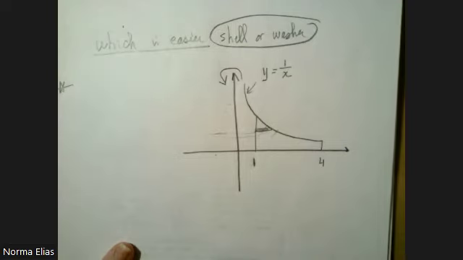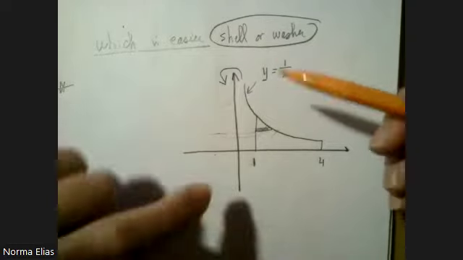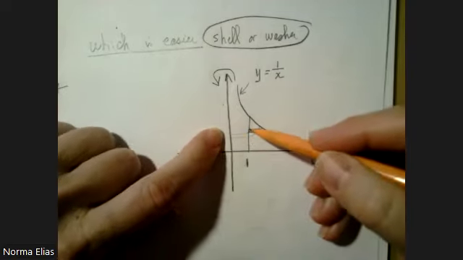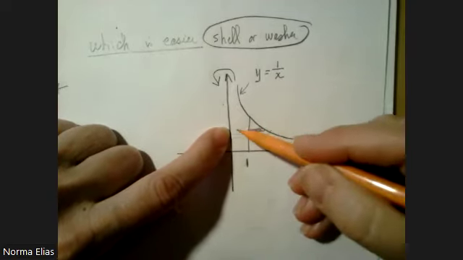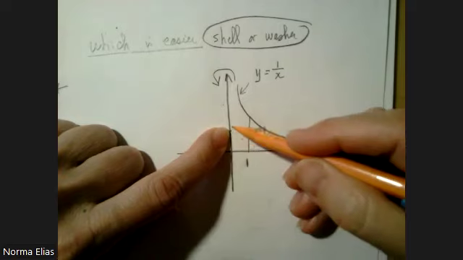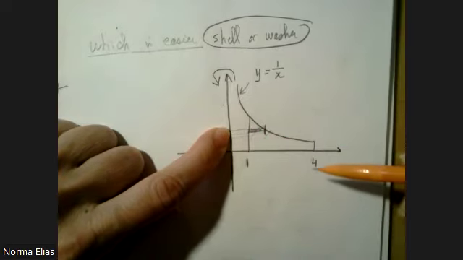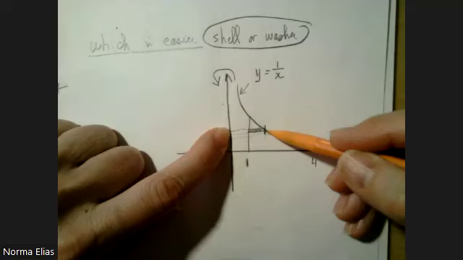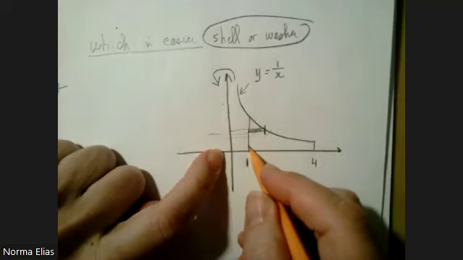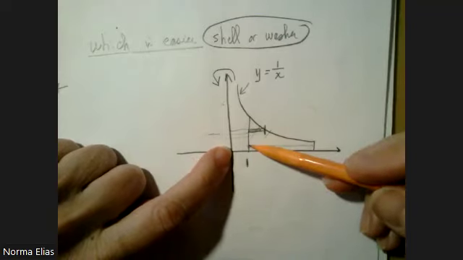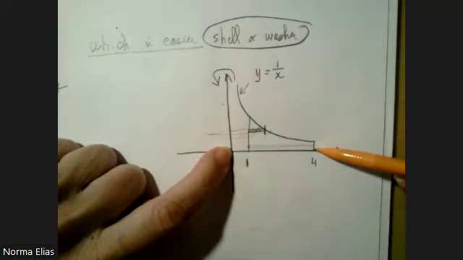Let me tell you what the difficulty is. If you take this piece and you rotate it, the inner radius is 1. The outer radius goes from the axis of rotation to the curve 1 over x. If you take a slice right here, or a slice down here, the inner is 1, but the outer follows a totally different formula.